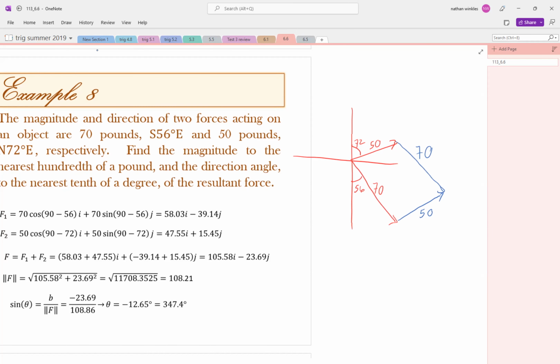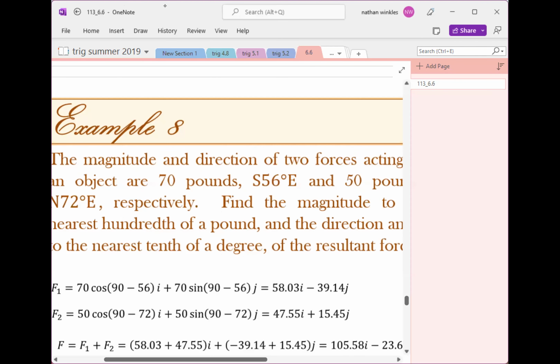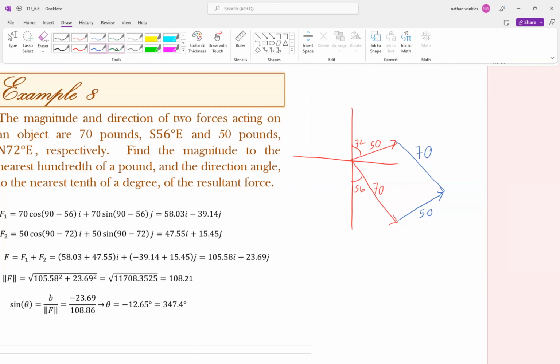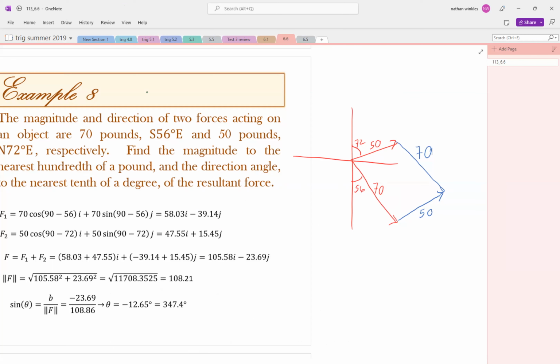What we're actually looking for is this unknown vector right here, this green vector.